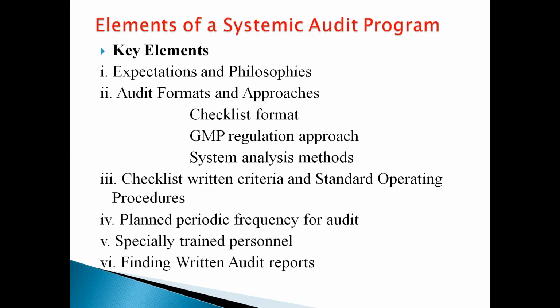Third one is the checklist criteria and SOPs. Fourth one, planned periodic frequency for audit, and especially trained personnel. Then the sixth one, findings and audit reports. Okay, so these six are there, the key elements, that means elements of a systematic audit program. Let us see one by one.